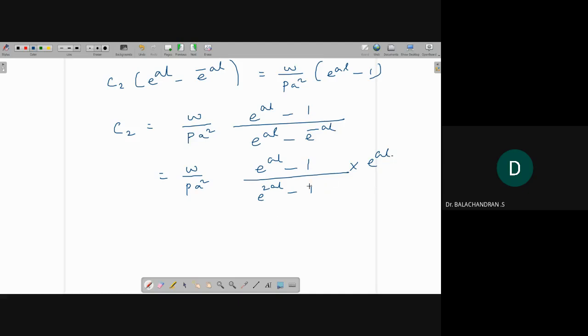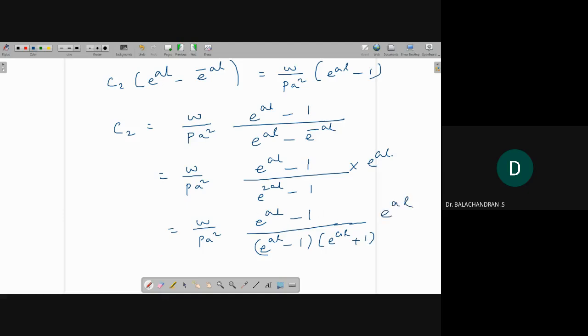Otherwise, I will multiply by e power AL here. The denominator is in the form of a square minus b square, that is e power AL whole square minus 1 square. So omega by P square into e power AL minus 1. A square minus b square is a plus b into a minus b: e power AL minus 1 into e power AL plus 1 into e power AL.